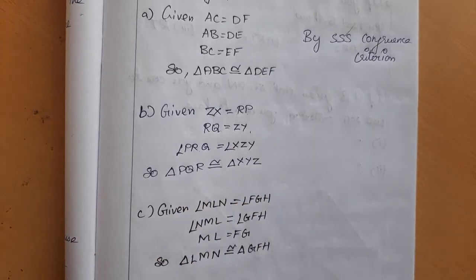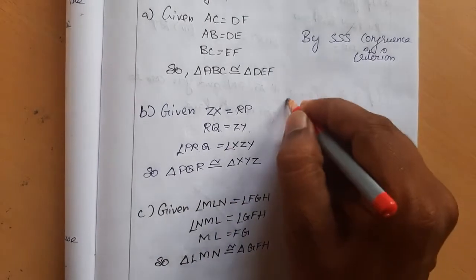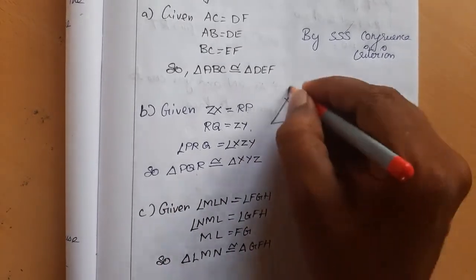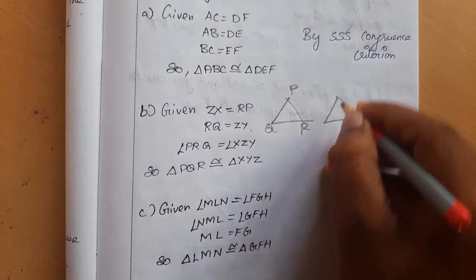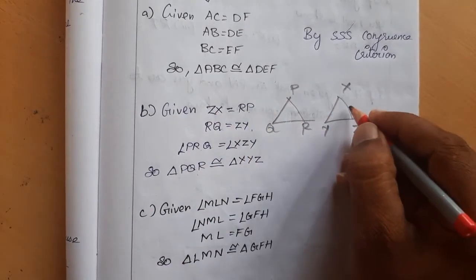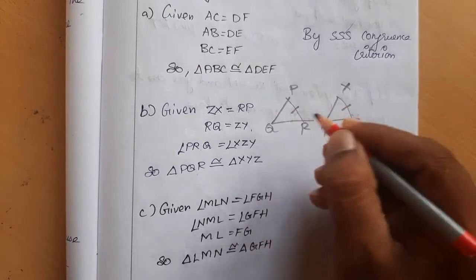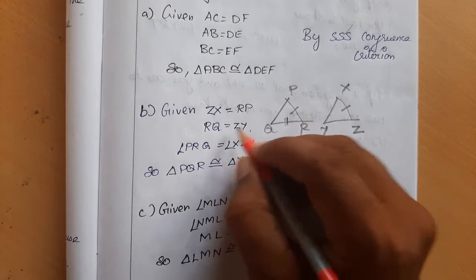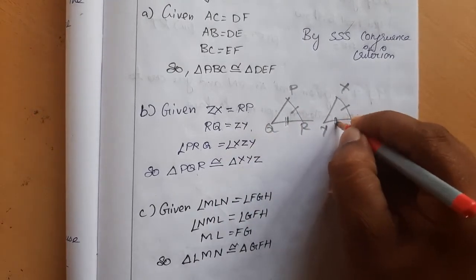equal to angle XYZ. So in these kinds of cases we have to check the included side, right? So which two triangles? PQR and XYZ. So ZX is this side, PR is this side, okay? RQ is this side and ZY is this side, okay?